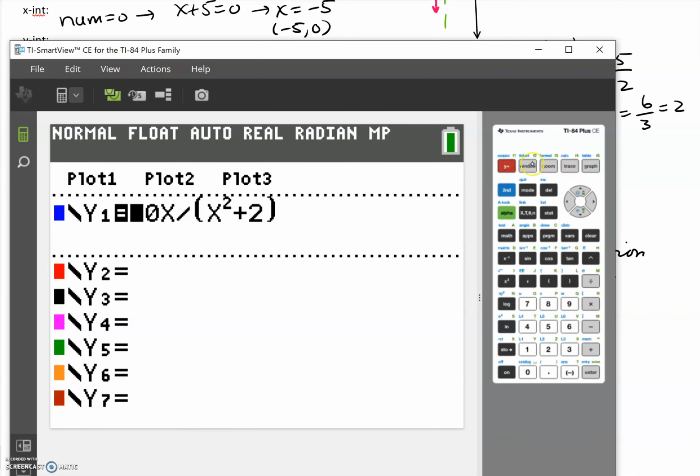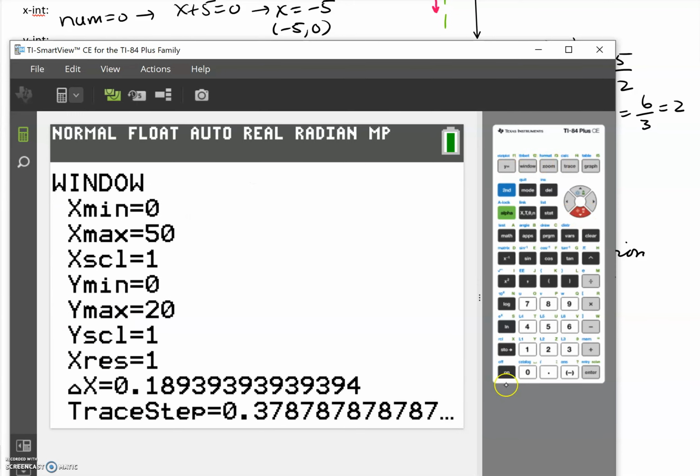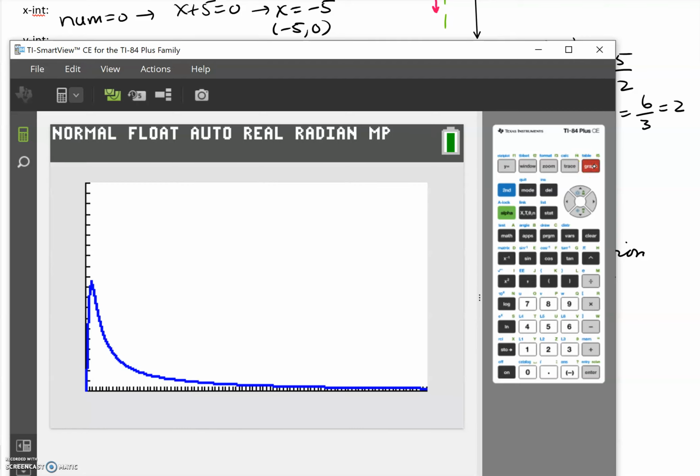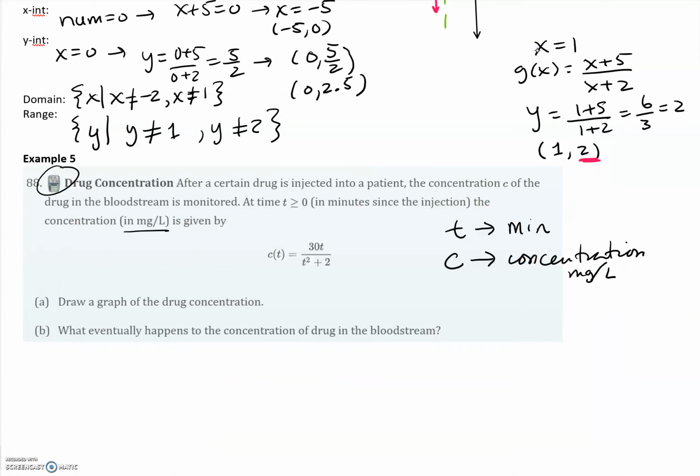And if I go to window again and go to like 100, let's say 100 minutes later, and I push graph, it gets closer and closer to the x-axis, but never crosses it because that's actually a horizontal asymptote. So for the graph, we basically had something like that happen.